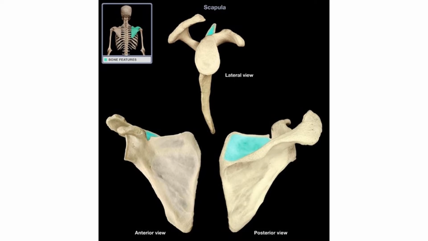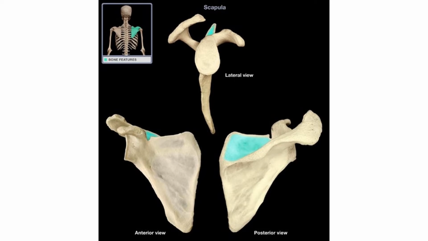Now, what is this? It is a structure superior to the spinous process and occupying the upper part of the posterior surface of the scapula.